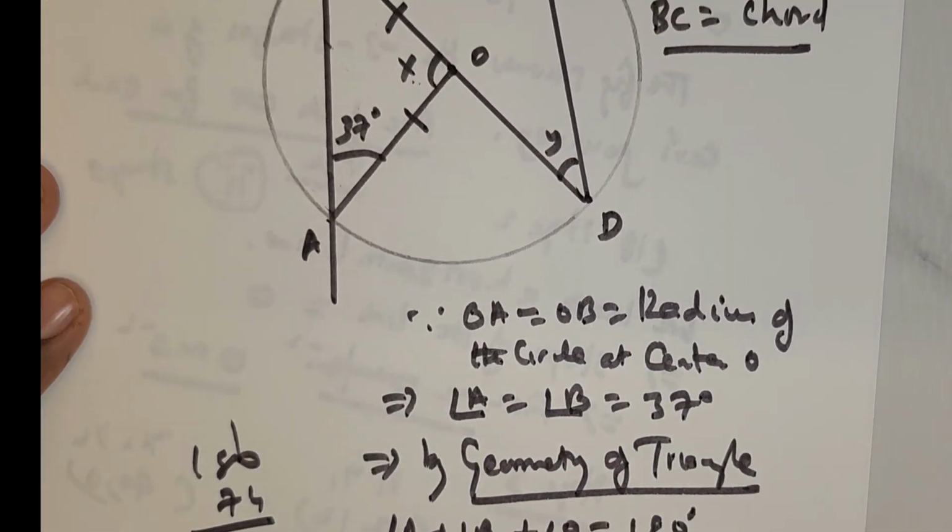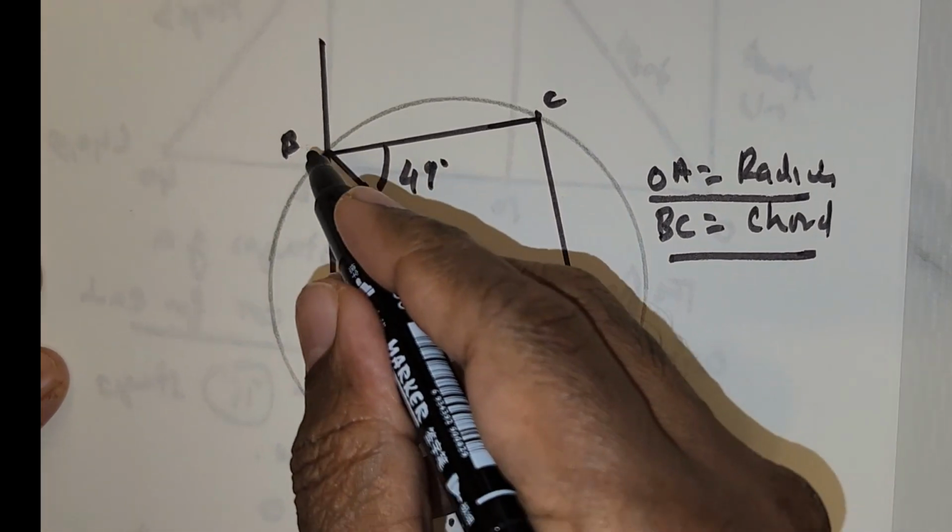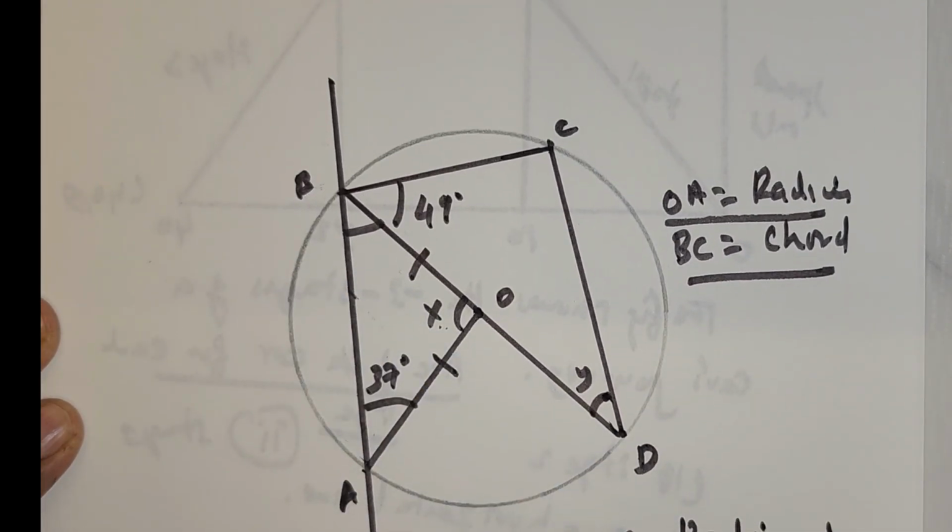Fair enough. Now they are asking us to find the angle at A. Now you watch here, this BD is the diameter.